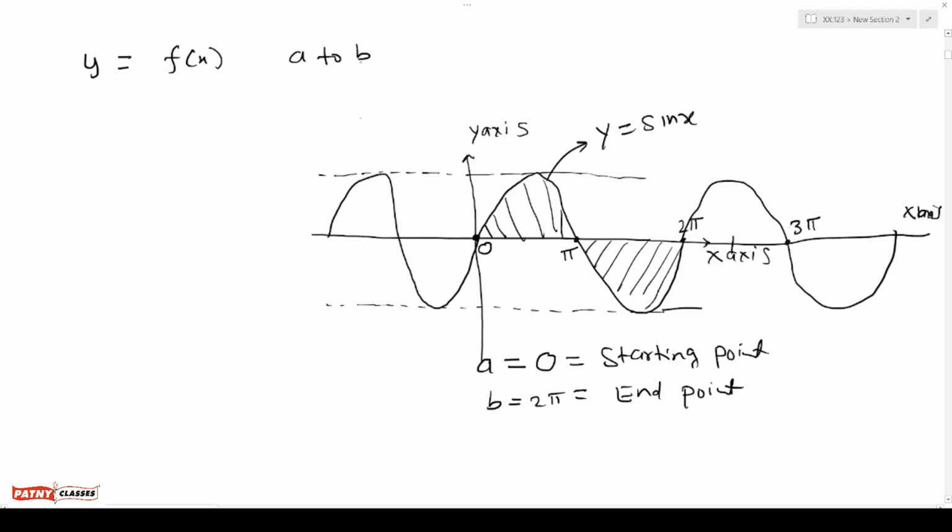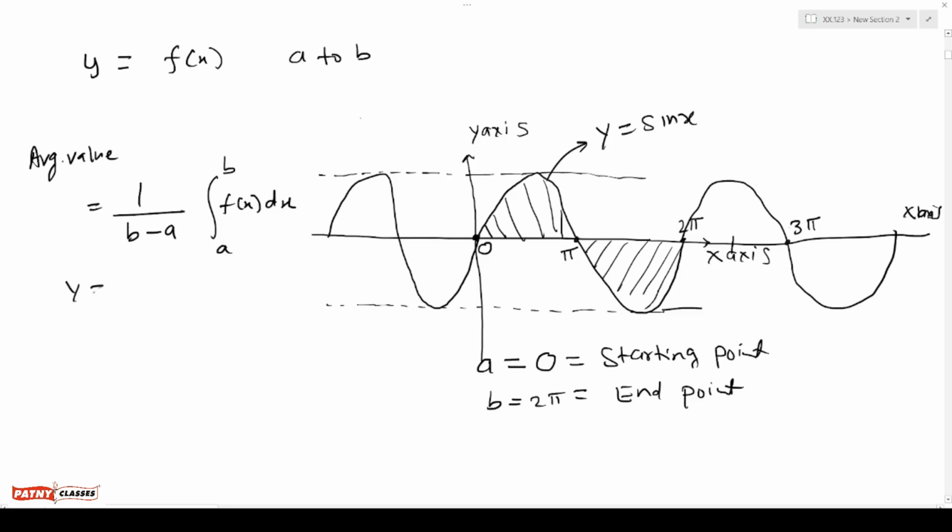If any graph is drawn between A and B, then its average value is equal to 1 upon B minus A, integration from A to B of f of x dx. This is the basic formula. By using this basic formula, we can find the average value of any function.